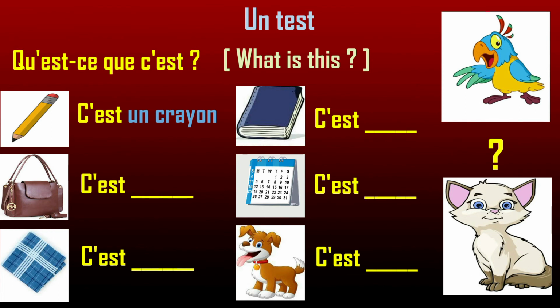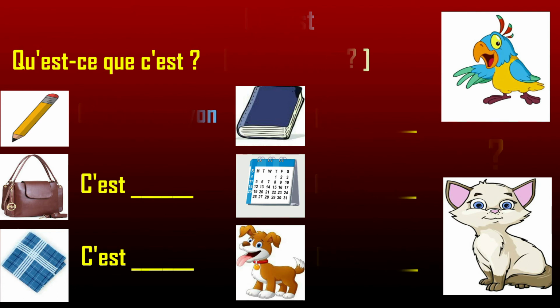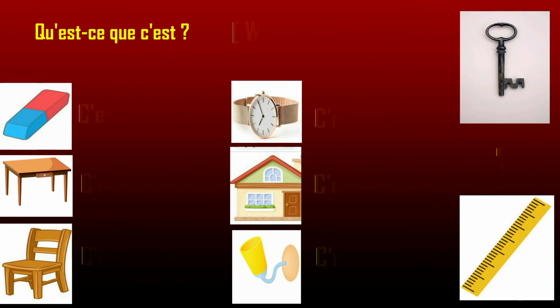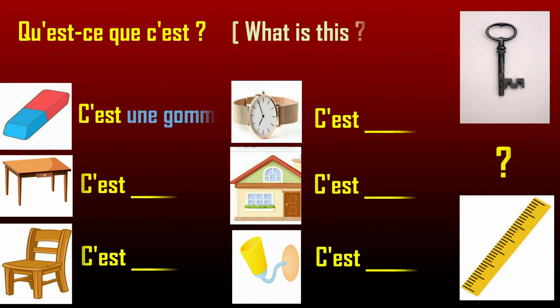If you are not quite sure, please play back this lesson and find out the answer and try to write the correct answer. If there are some accents, do write that. Qu'est-ce que c'est? What is this? C'est une gomme.